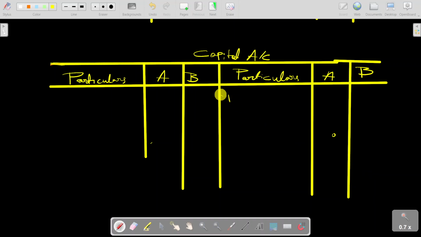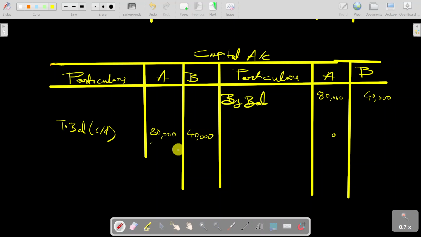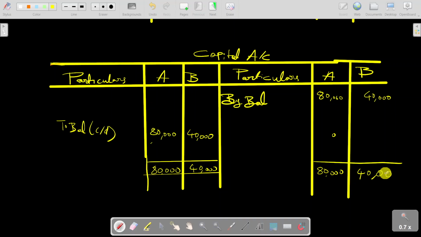So we will have by balance 80,000 and 40,000, and these balances will be carried forward to the debit side, balance carried forward, 80,000 and 40,000.